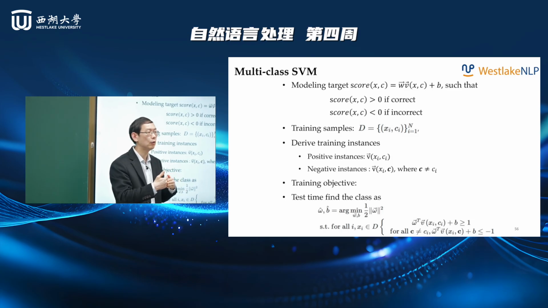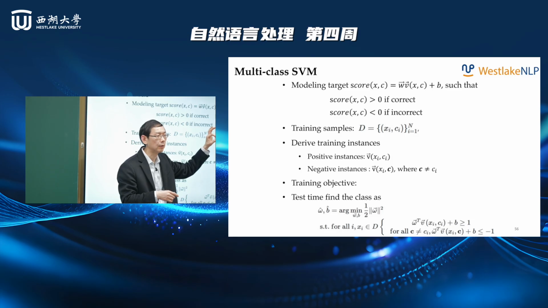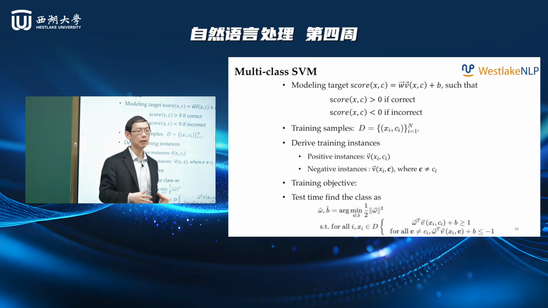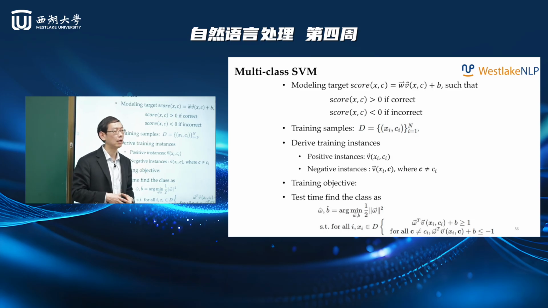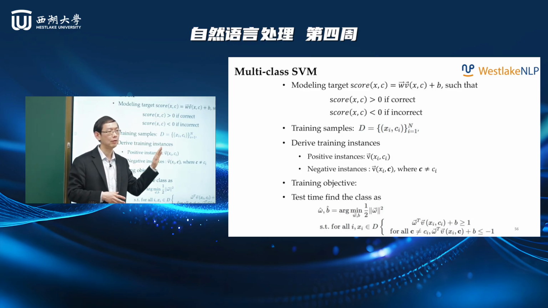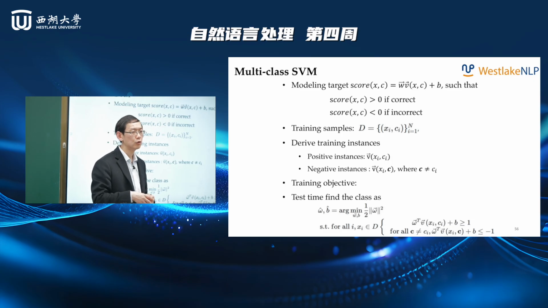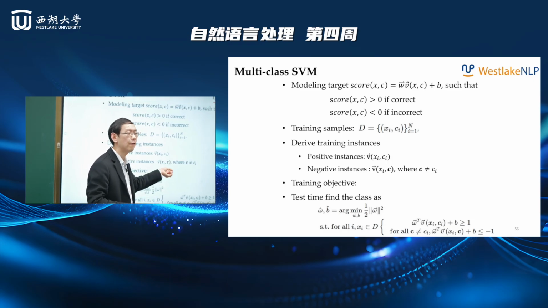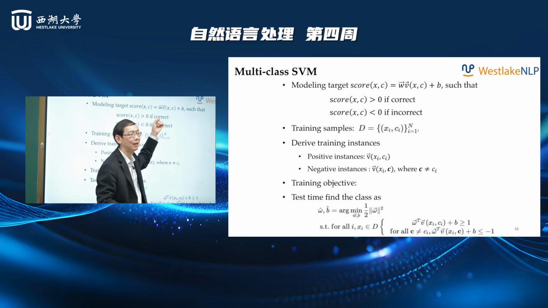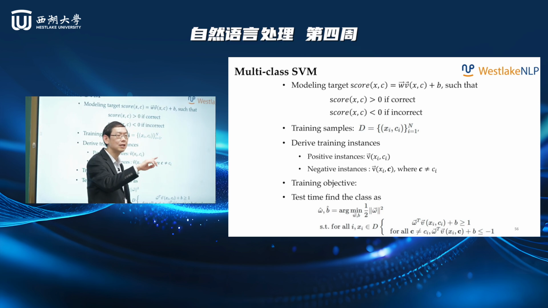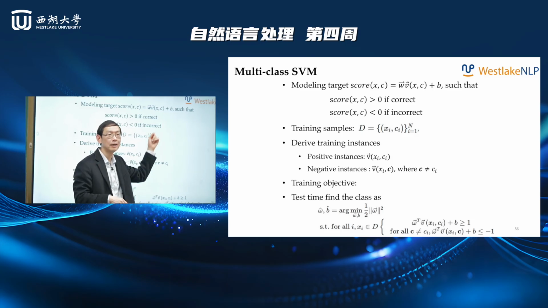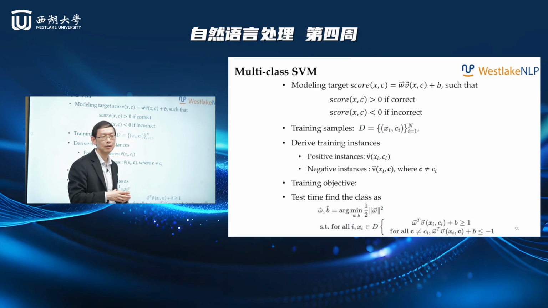I'm assuming that only one of the outputs is above the hyperplane. But in testing, that might not be true. Maybe all of them are above the hyperplane. Maybe all of them are below the hyperplane. I don't have any control. But what I can do is choose the one that is the furthest up to the hyperplane, which means I can choose the one where omega V(D, C) plus B is the highest value.